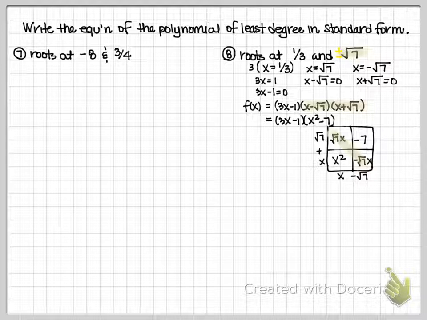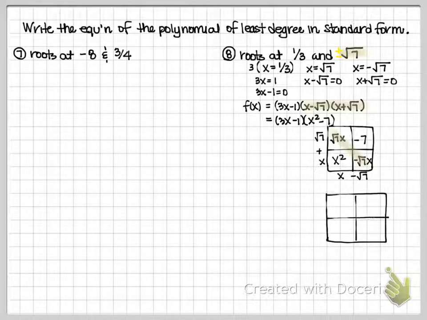Now, last thing you're going to want to do is multiply that out as well. So again, if you like using the boxes to help yourself out, let's go ahead and get that out. So then we're going to do 3x minus 1 and an x squared minus 7. And go ahead and fill those boxes in. That's not a squared, it's just an x.